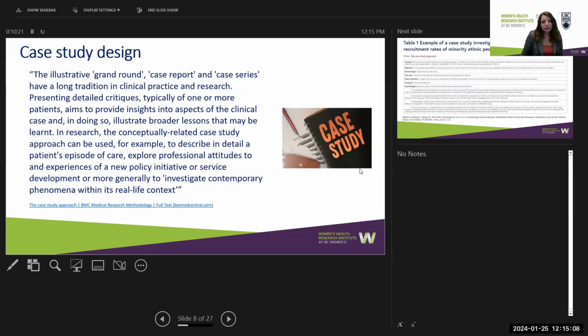In research, the conceptually related case study approach can be used, for example, to describe in detail a patient episode of care, explore professional attitudes and experience of a new policy or initiative, and more generally to investigate contemporary phenomena within a real-life context. So basically, it's how they define the case study design in that specific paper.